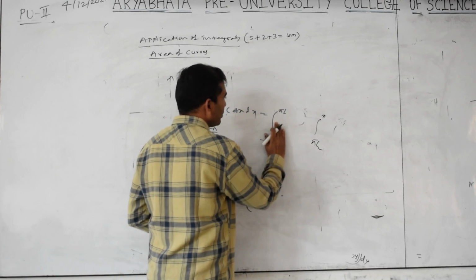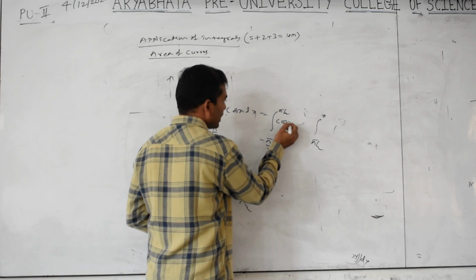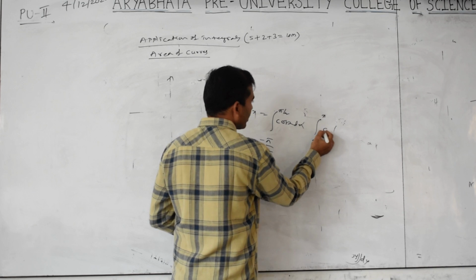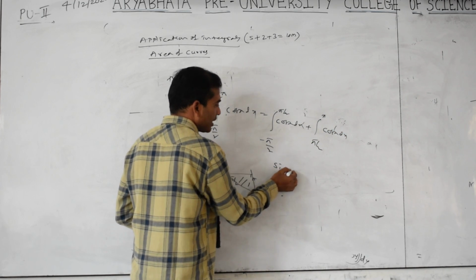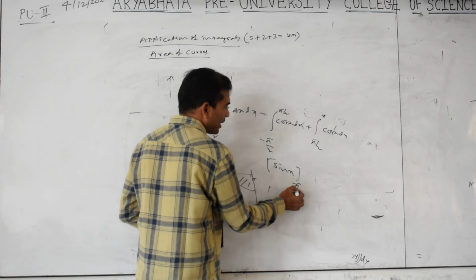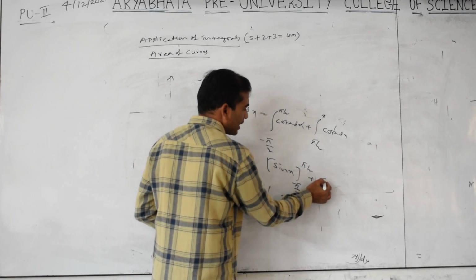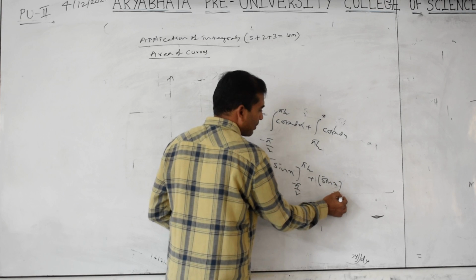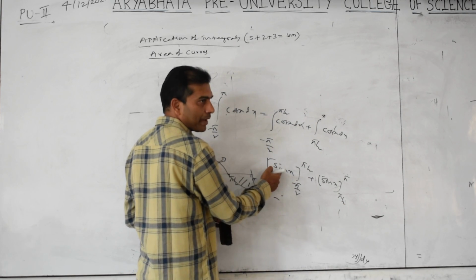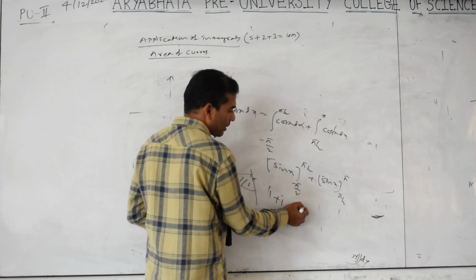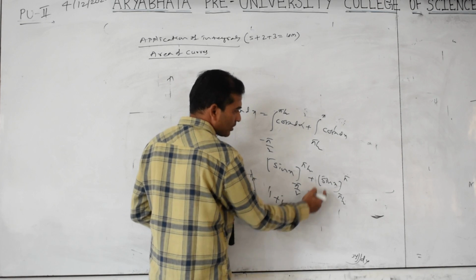See, integration from minus pi by 2 to pi by 2 of cos x dx, plus pi by 2 to pi of cos x dx. Integration of cos x is sin x. Limits minus pi by 2 to pi by 2: sin pi by 2 is 1, sin minus pi by 2 is minus 1, so plus 1. Then limits pi by 2 to pi: sin pi is 0, sin pi by 2 is 1.